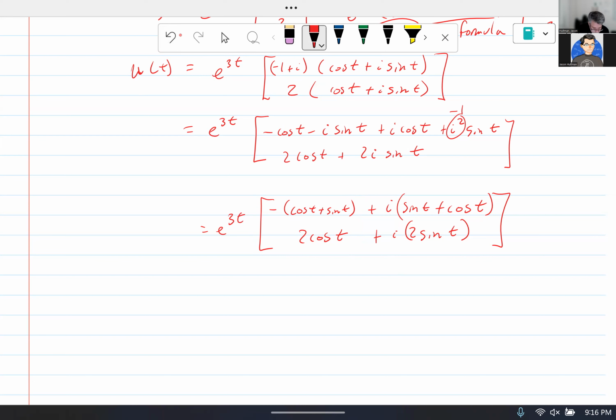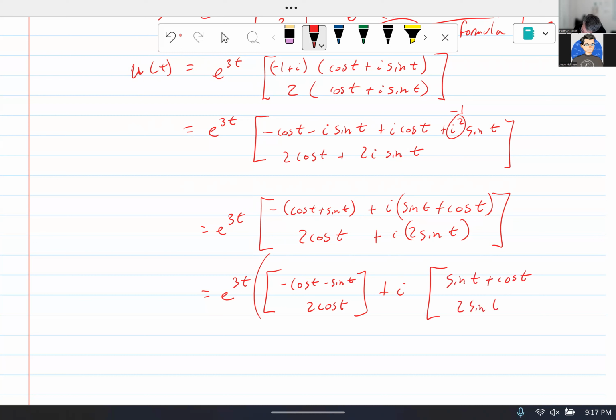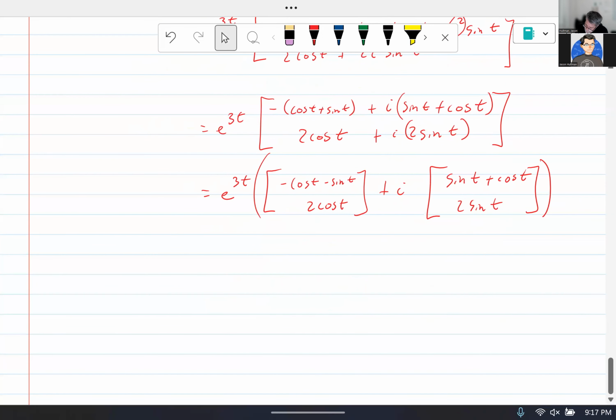So I'm going to rewrite it like this: e to the 3t times negative cosine t minus sine t over 2 cosine t, plus i times sine t plus cosine t over 2 sine t. So we got that.